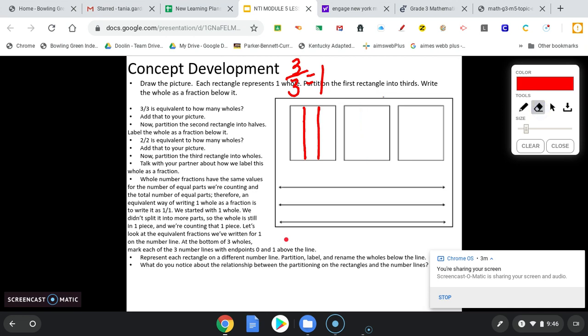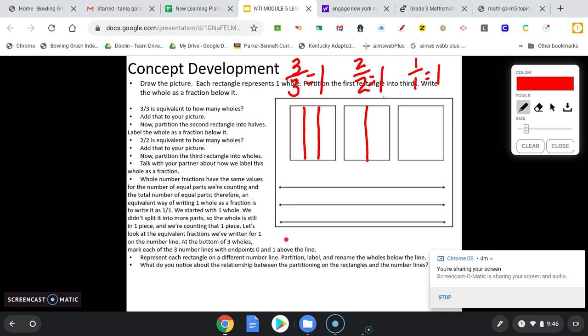So we have 2 halves, and that's equivalent to how many wholes? Very good, 1 whole. Now the third rectangle, I want you to partition it into wholes. It's already 1 whole. So 1 over 1 equals 1 whole.